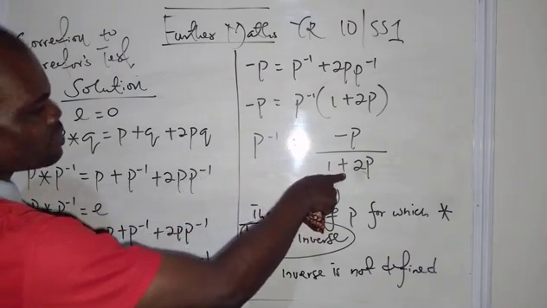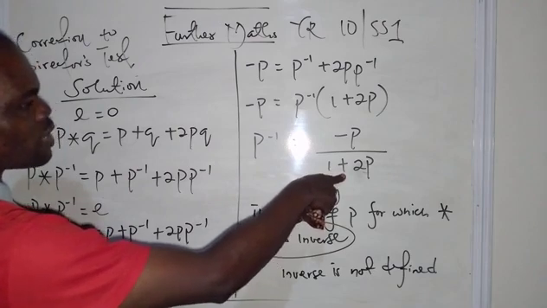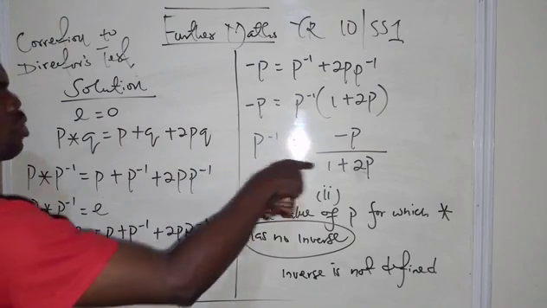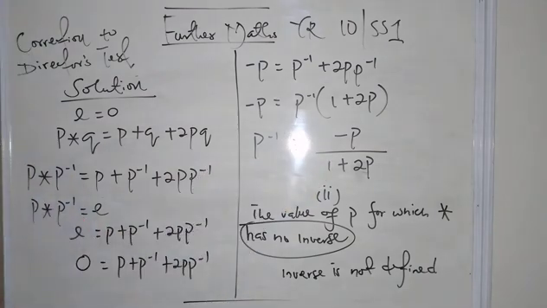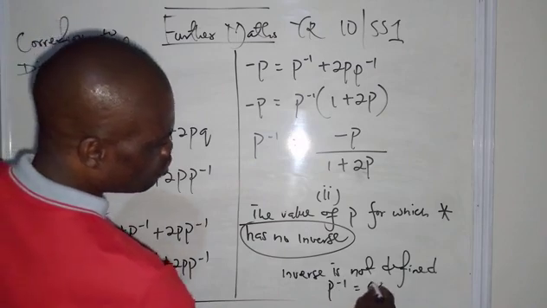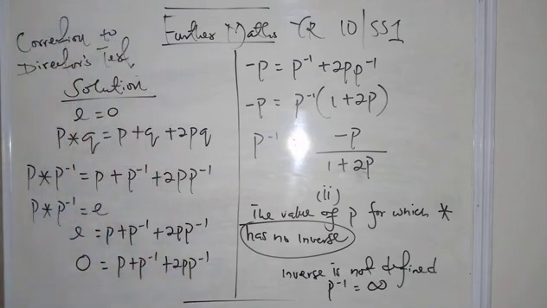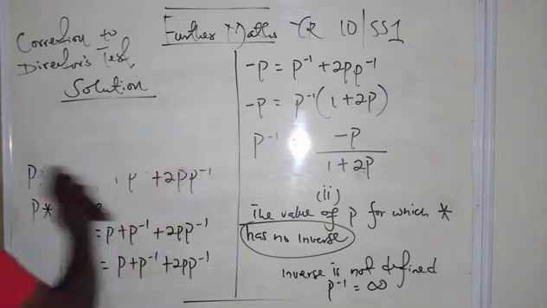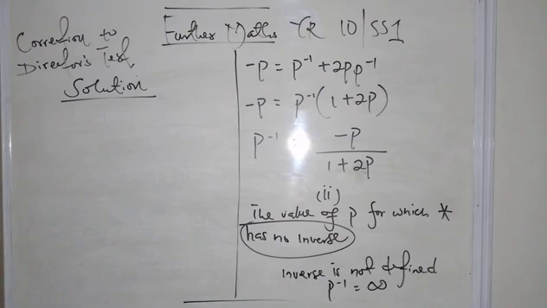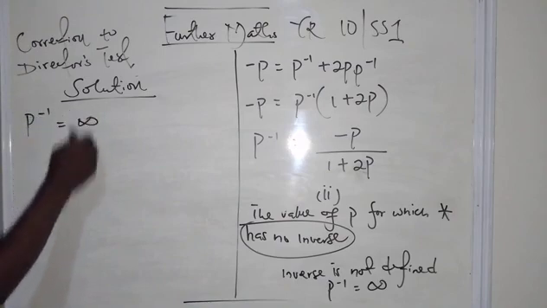For this inverse not to be defined, it means that the denominator has to be equal to 0. So the only condition that you can have this to be undefined is if P inverse is equal to undefined. So P inverse is undefined.